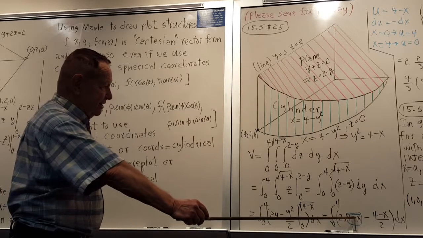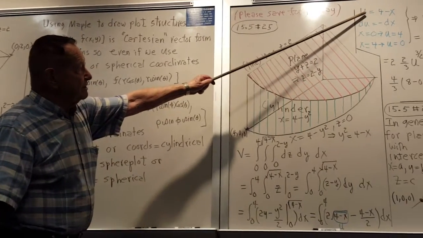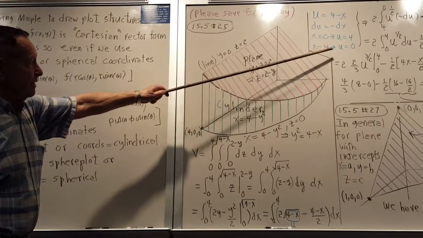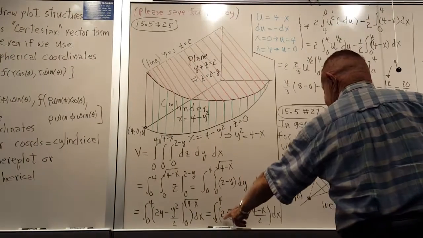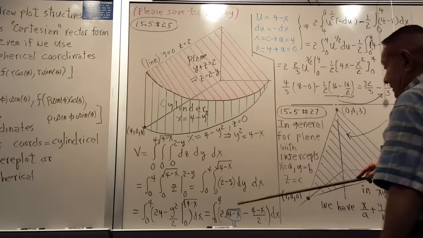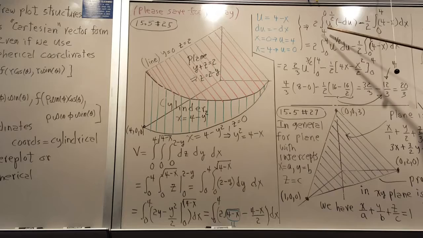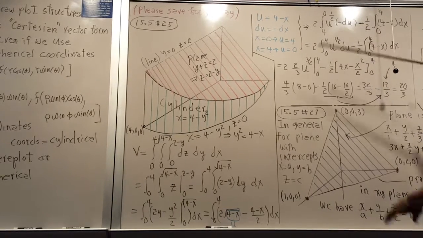So then this is a u substitution problem. 4 minus x and the du and the new limits on u. And so from here I have this 2, which is that one. And I have my limits on u, 4 to 0, u to the half minus du.